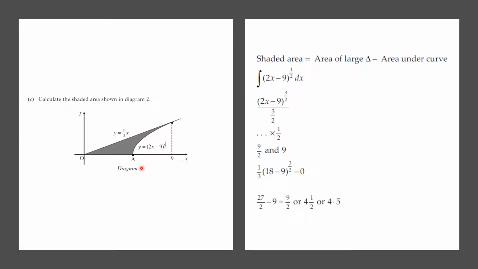So the lower limit is 9/2 and the upper limit is 9. You substitute 9 and minus substitute 9/2, which gives 0. So the overall total area will be the triangle just now, which is 27/2, take away 9, which is the area under this curve, this white colored area here. So your result will be 4.5 units squared.